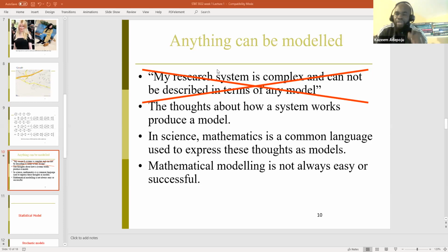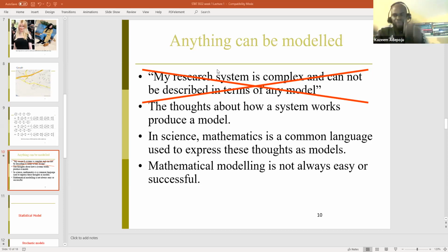Okay? But let me tell you something. In science, there's a particular language that we use that is generally acceptable, and that's mathematical language. So we use mathematical language to express our thoughts, and that comes in the form of a model.